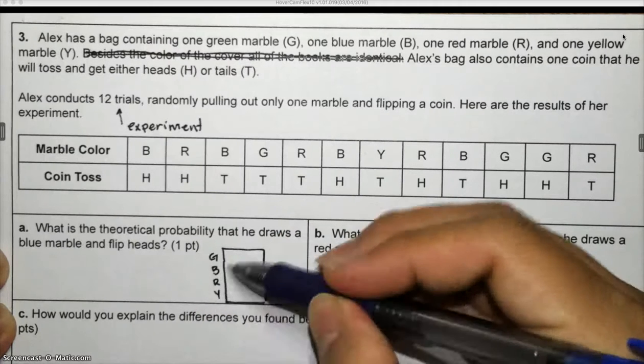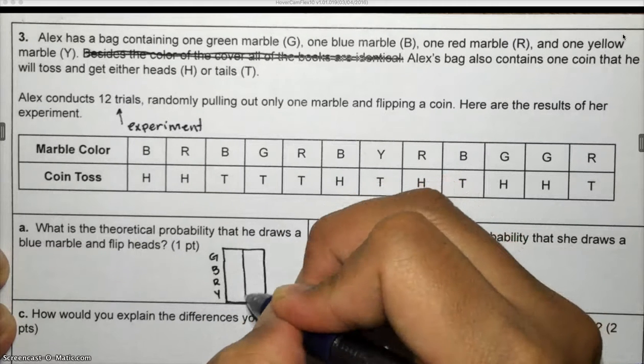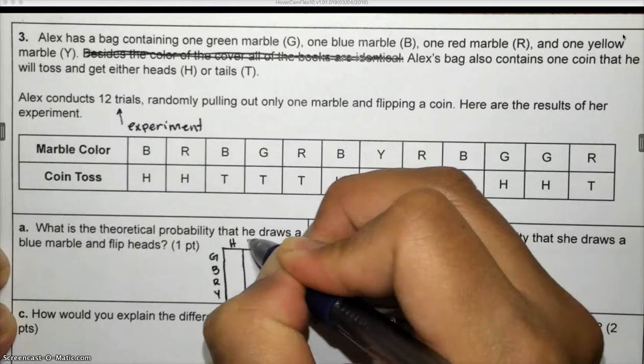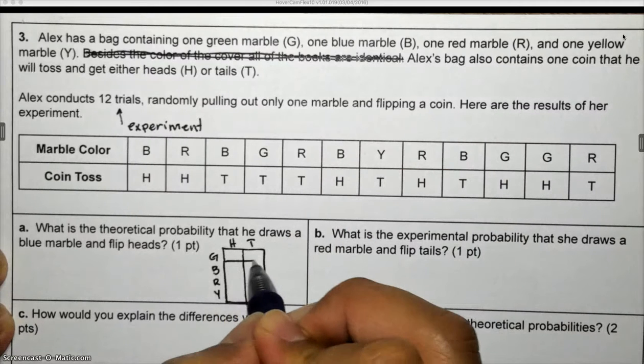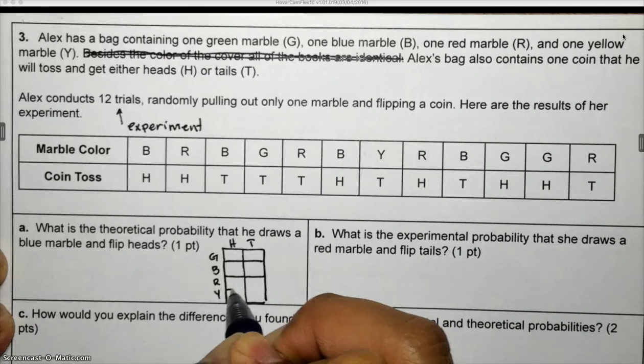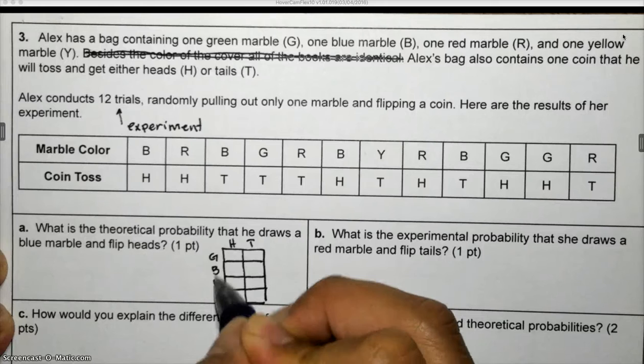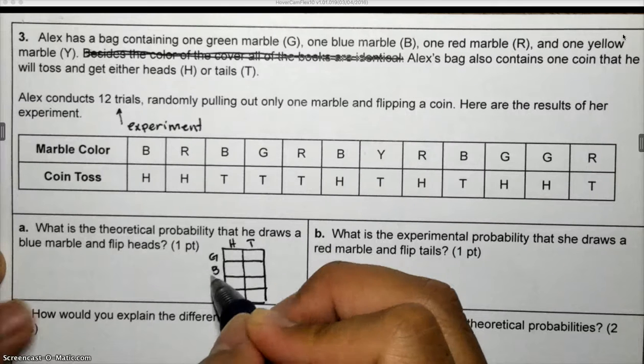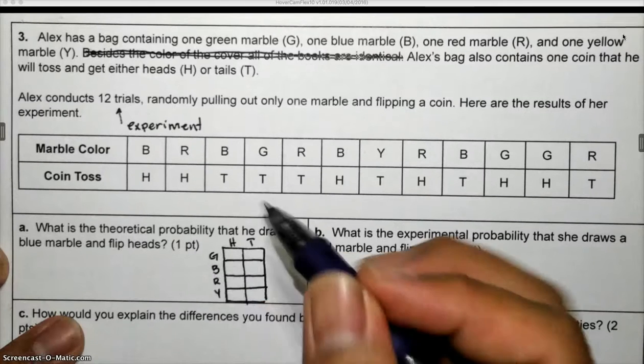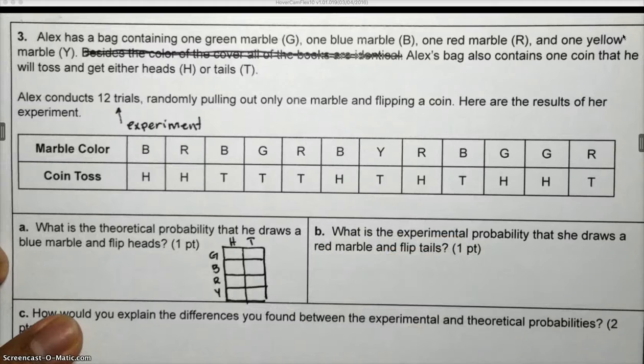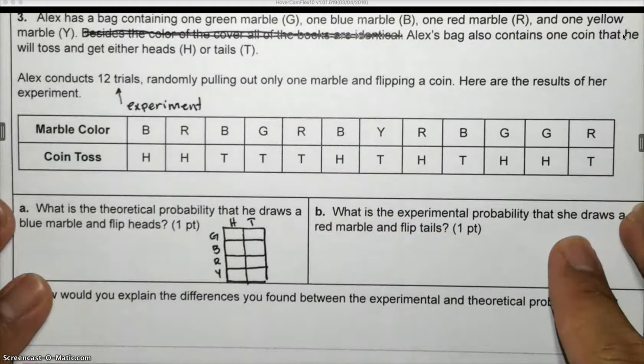So that's why I made this one a little bit longer, so I had the space. My second event was heads or tails. So I'm going to break this down equally because they all have an equal chance. Because there's 1 marble of each, there were no 2 green marbles and 1 blue. They all had 1 marble each. They have equal chances or equal likelihood.